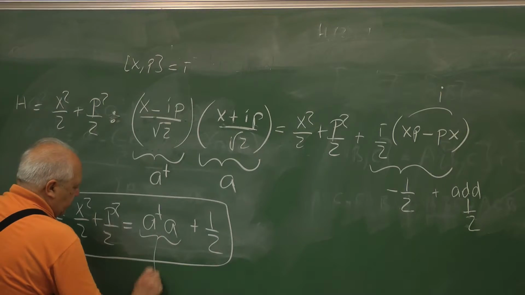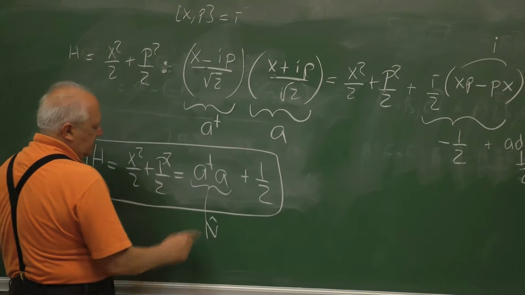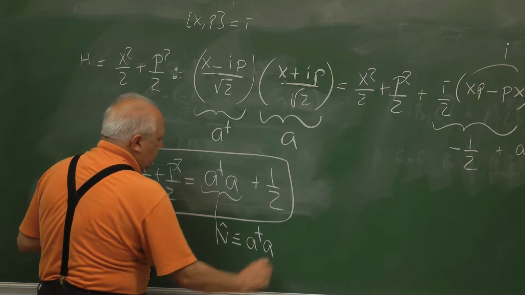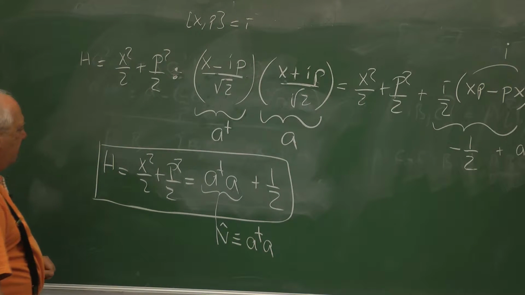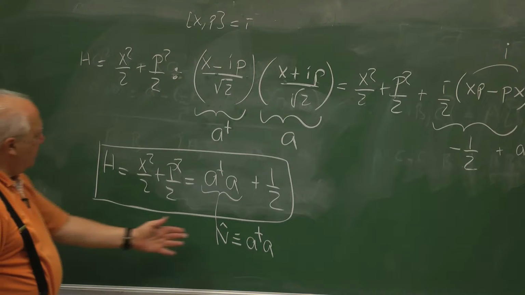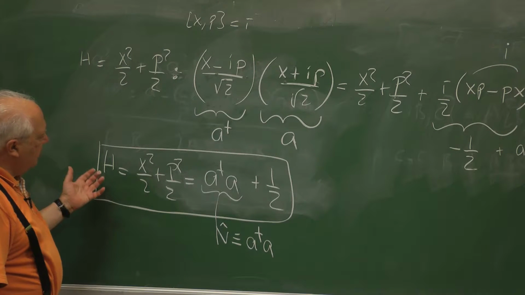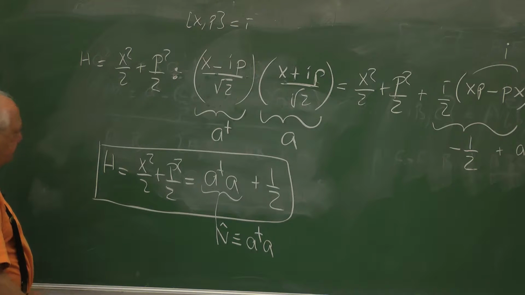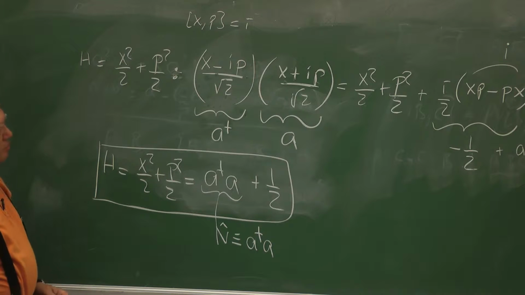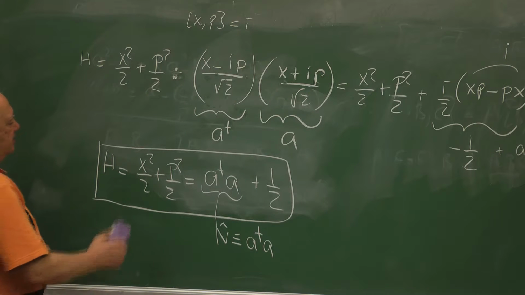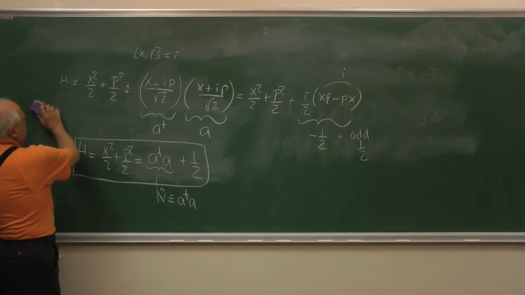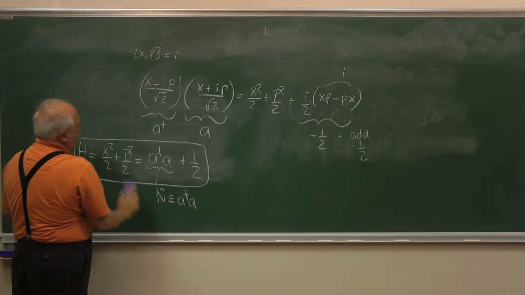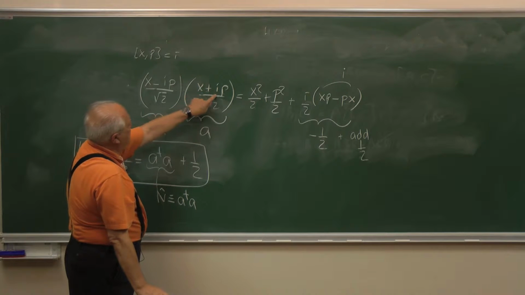It is called the number operator, n. So n is defined as A dagger A. Therefore, eigenvectors of n are also eigenvectors of the energy. So we'll be trying to get the energies, eigenvectors, etc. using these algebraic techniques. So A comes with x plus IP.